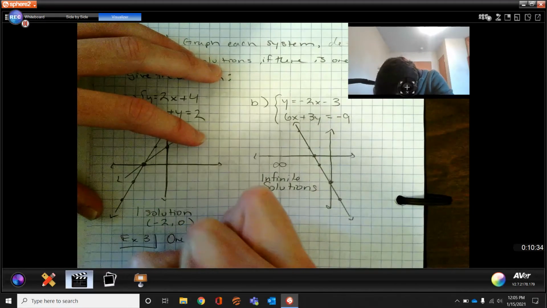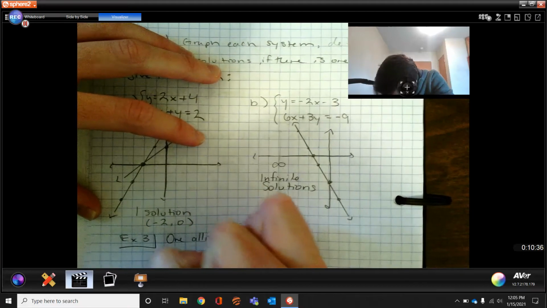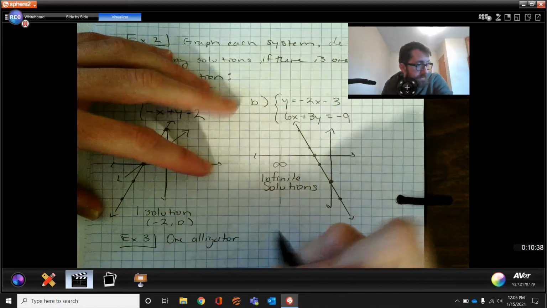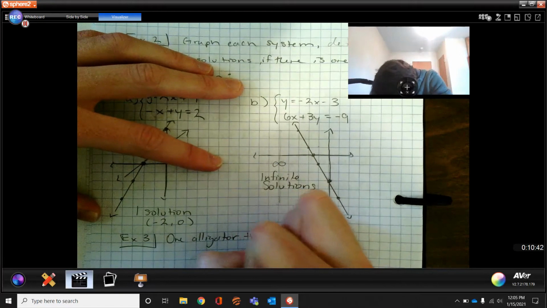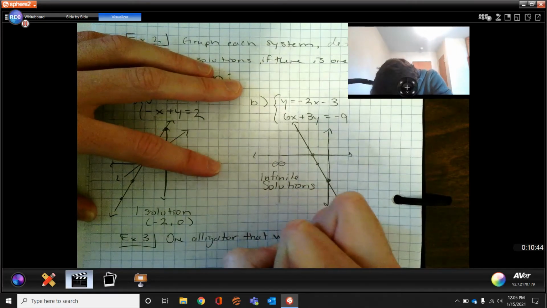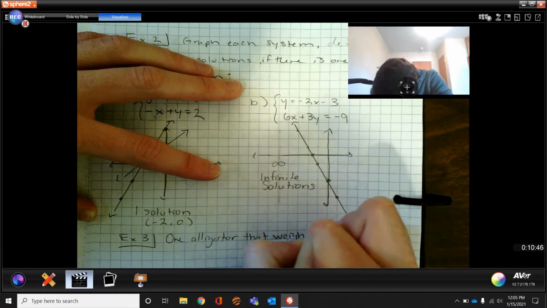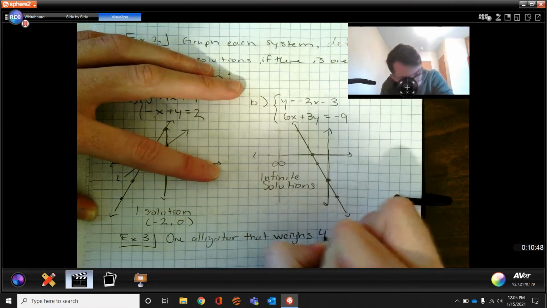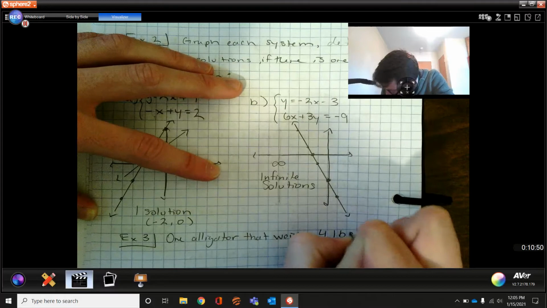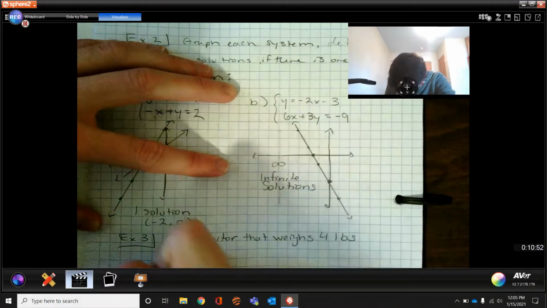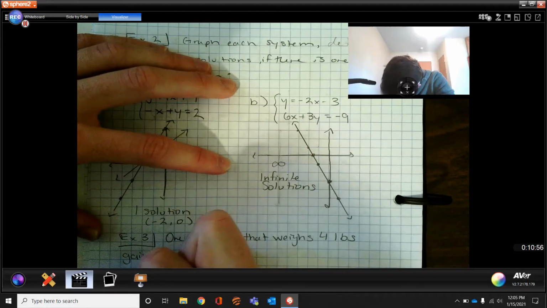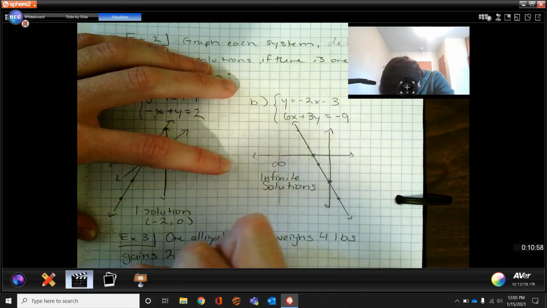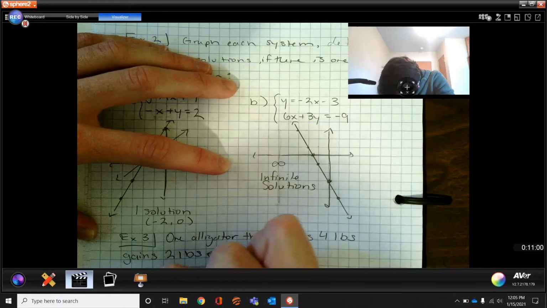One alligator that weighs 4 pounds gains 2 pounds every week.